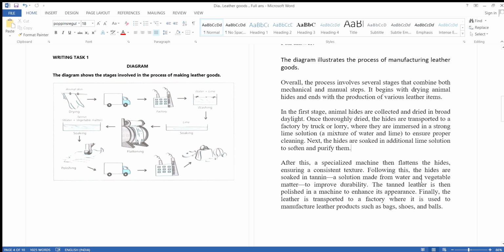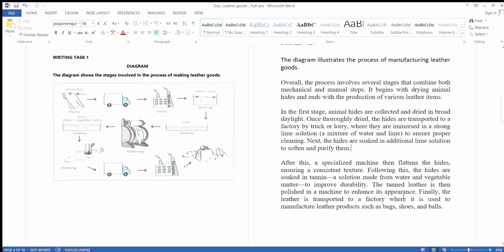a solution made from water and vegetable matter. We have used the hyphens to show the grammar aspect. To improve durability, this sentence is the development. The tan leather is then polished in a machine to enhance its appearance.